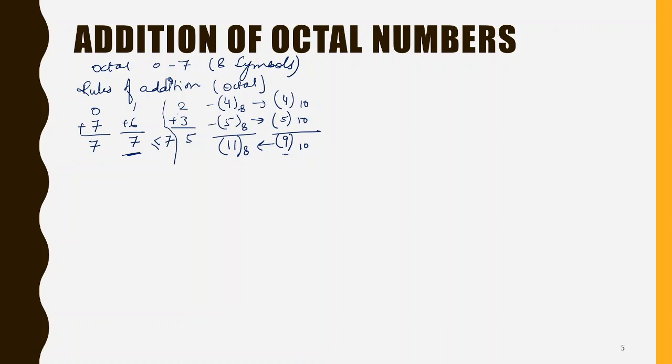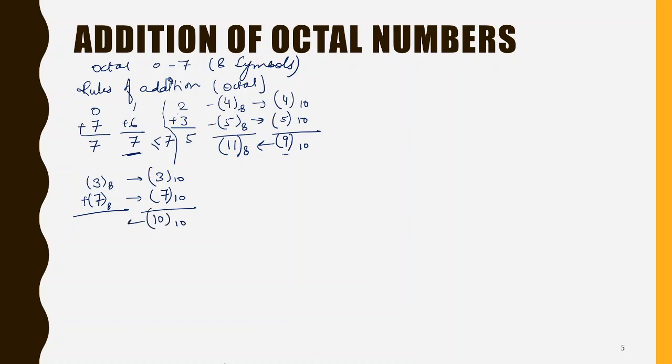Suppose I take one more example, if I add 3 and 7. Now 3 and 7 in octal need to be added. For adding them, you convert them first into decimal. 3 is decimal 3, and 7 is decimal 7. Now when I add both of them, they are 10 in decimal.